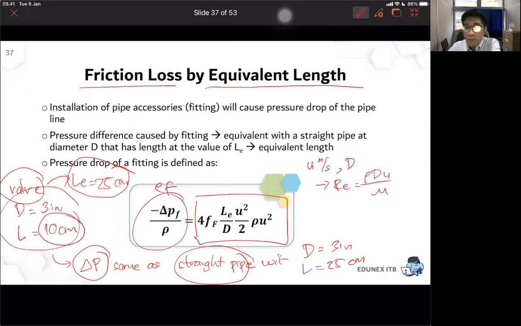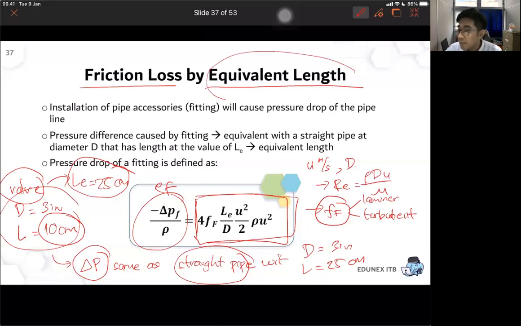After you calculate the Reynolds number, you calculate the friction factor, whether it's laminar or turbulent, then you decide how to calculate the friction factor. After you have the value, then you can use this equation. This equation is used if you know the equivalent length.